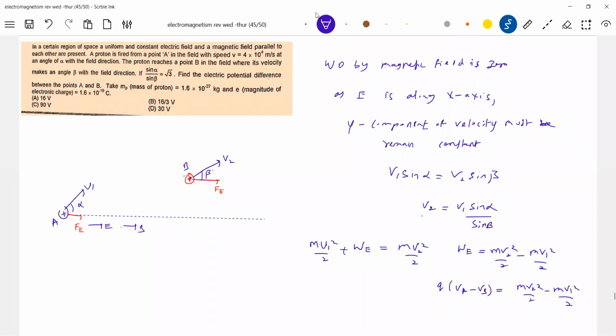Fine, this is delta V, the potential difference VA minus VB. Very troublesome questions. Students have to think very logically here.